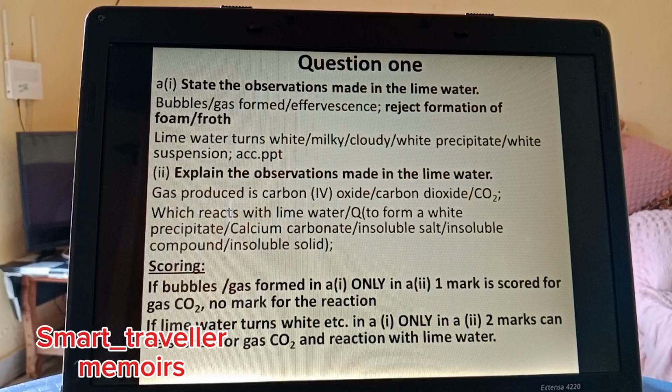In this part, scoring was if bubbles or gas formed in A1 only. In A2, 1 mark is scored for gas carbon dioxide or CO2 and no mark for the reaction.